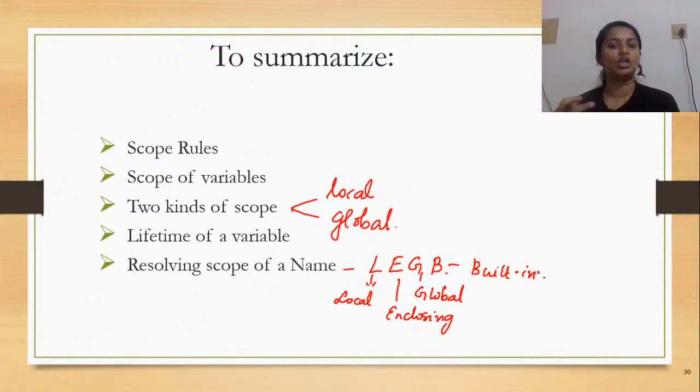It would first check in your local environment. If it is present, it would definitely use it. If it is not present, it would check the enclosing, later on global. Whenever the answer is no, it would move on from local, enclosing, global, and finally to built-in. And if it has not been found in any of the four environments, Python would raise an error. So these are the things that we saw in today's lesson. And with this topic, chapter 3, that is functions in Python, is completed.